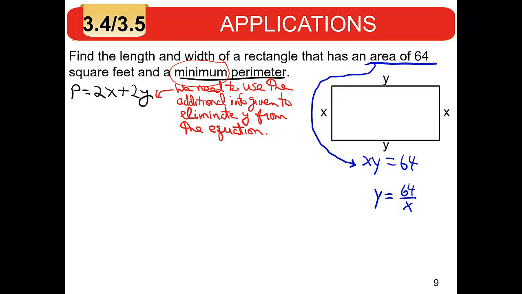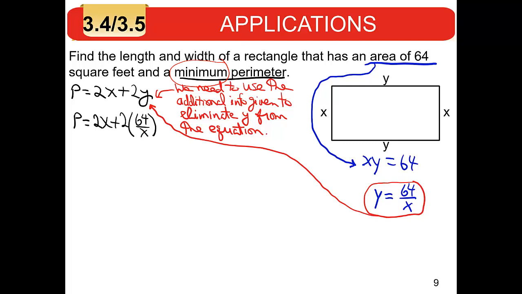Don't get lost in the weeds. Why do I solve for y? So I could go back and plug that value into the original equation that I want to minimize and get rid of the y. I can do that now. If I plug 64 over x in for y and simplify, which simply means 2 times 64 over x, I get 2x plus 128 over x.